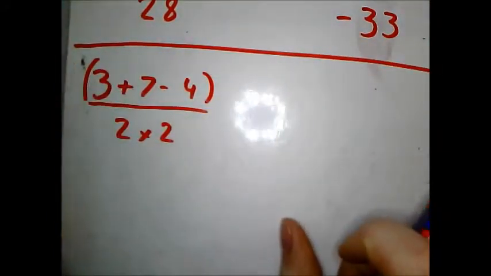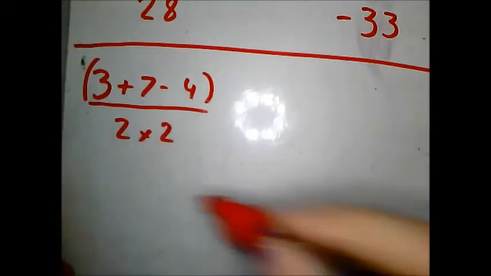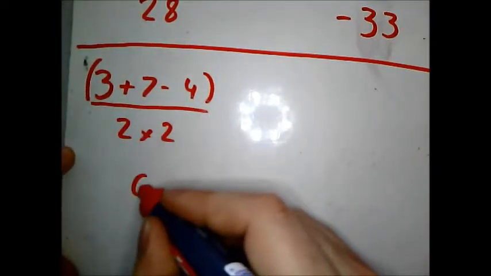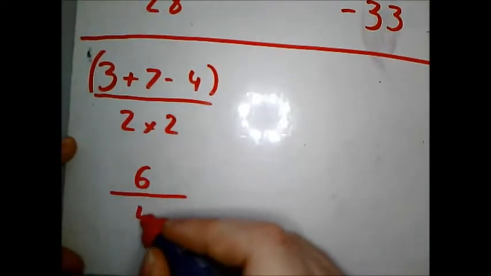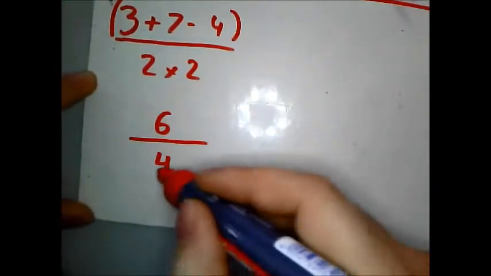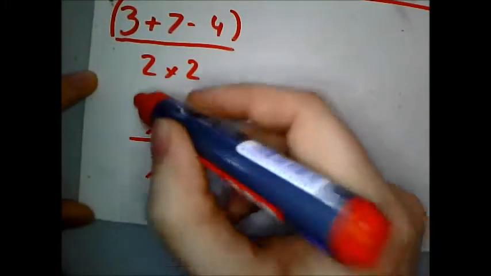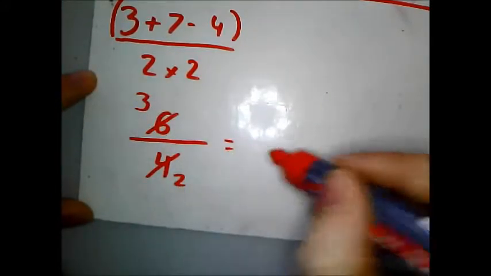So 3 plus 7 is 10, take away 4 is 6. So I'm going to get 6 on my numerator, all over, and then 2 times 2 gives me 4. And now I can simplify this, so divide top and bottom by 2. So I get 3 over 2. And if you prefer, you can convert that into 1.5.